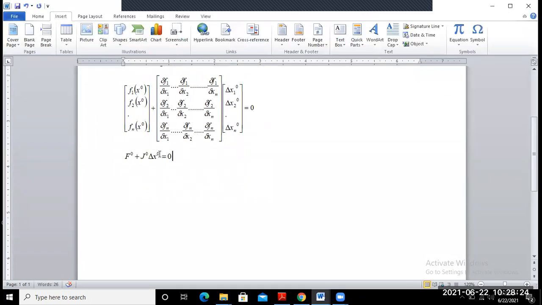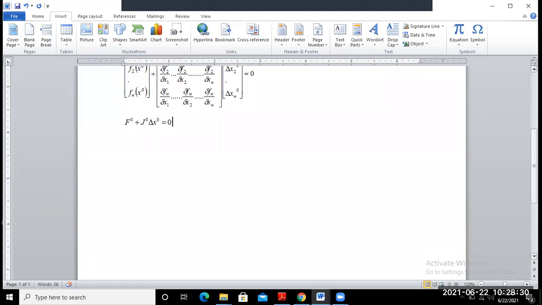So from this equation we can find the value of del x0, that is equal to minus the inverse of J0 into f0. Is it not?